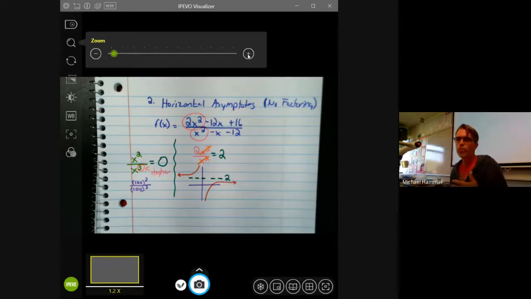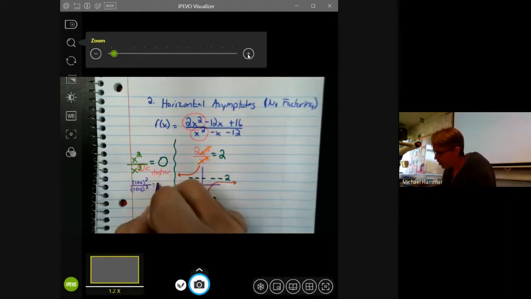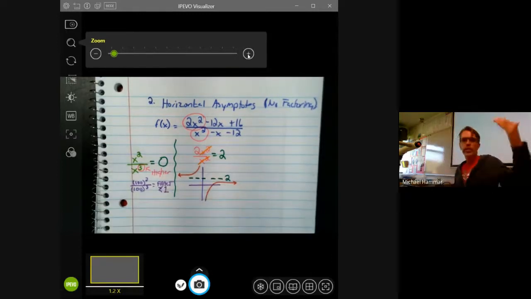So you're going to have a big number on the top, but an even bigger number on the bottom. So what does that mean? This answer is going to be a fraction less than 1. It's going to keep getting smaller and smaller and smaller.